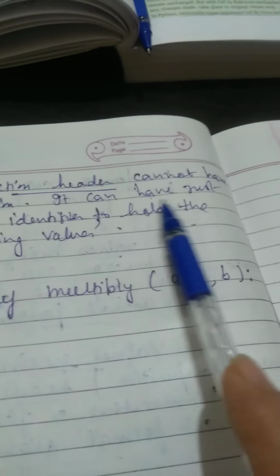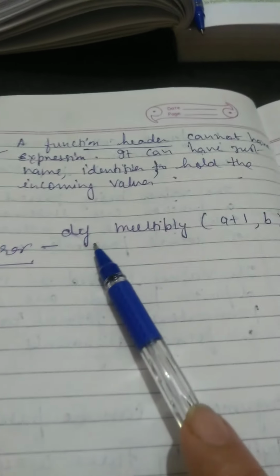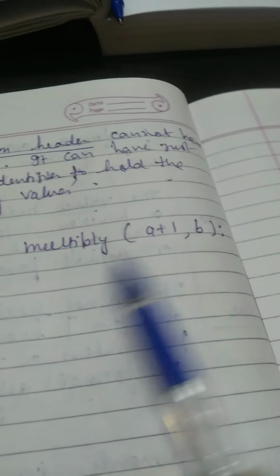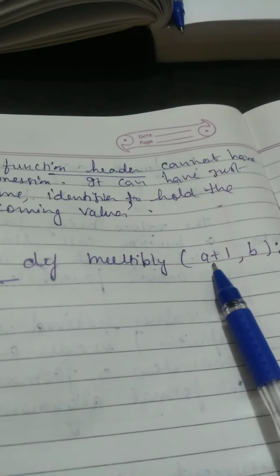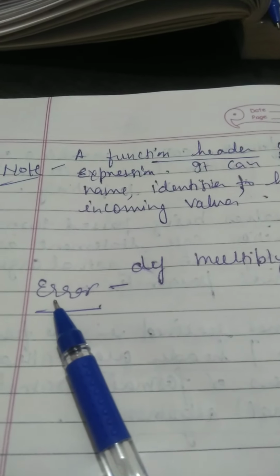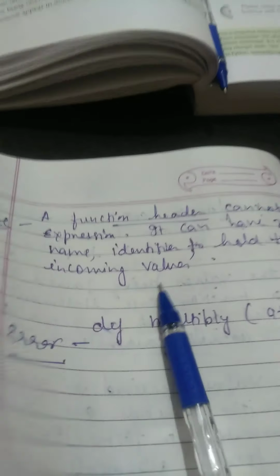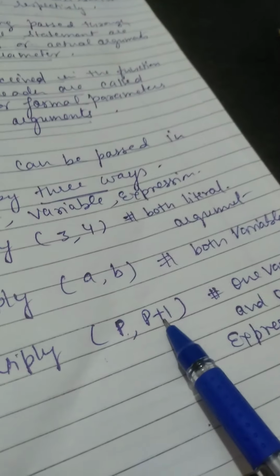It can have just a name identifier to hold the incoming values. If you write def multiply a plus 1 comma b as the function header, we have mentioned an expression here, so it will give you an error; this is illegal and not valid. But in arguments, whenever you pass values, you can give an expression.